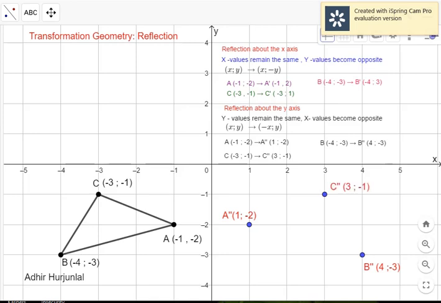And point C now becomes (3, -1). And obviously, all I need to do is join the lines, and you will find that I have the transformed triangle. In this case, it is triangle ABC, which is reflected about the y-axis. And the y-axis is this vertical line.